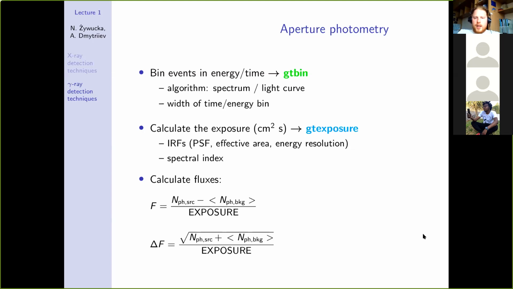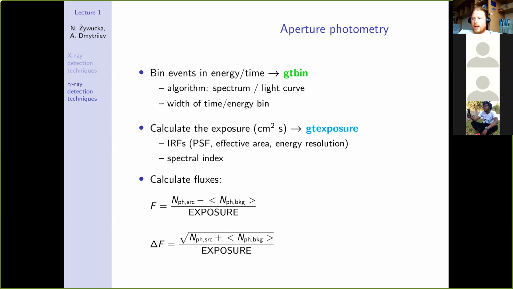Then you calculate the exposure. Exposure is something specific to gamma ray instruments. It's a quantity which depends on the response, a characteristic of the instrument response. It depends on the effective area and on the observational time, so it is measured in centimeters squared by second.